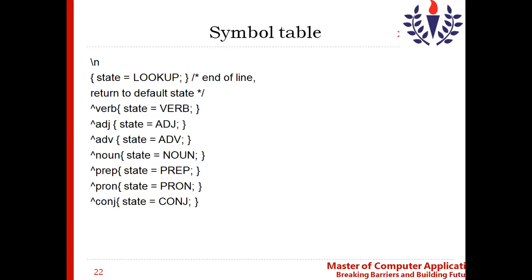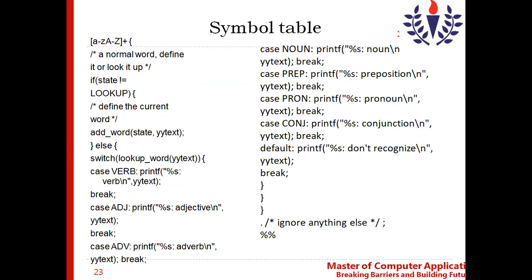Similarly for all the remaining types. Now, in the input, if the user types something, A to Z or capital A to Z, whatever characters or words he types, if the state is not equal to lookup, meaning state not equal to 0.